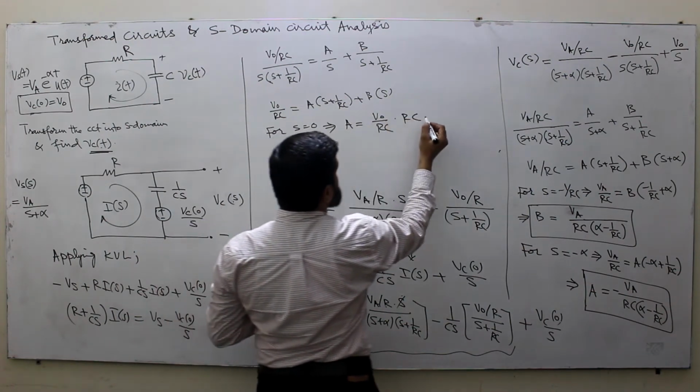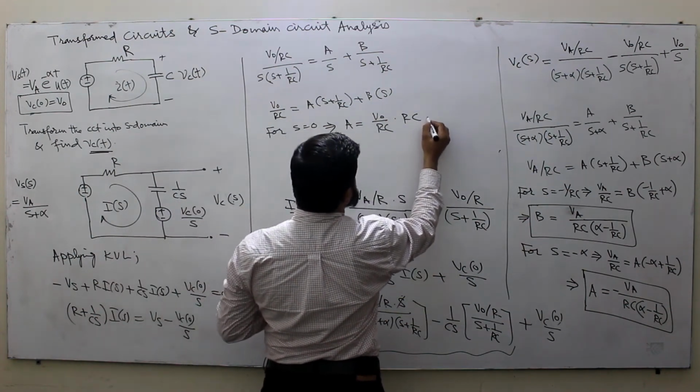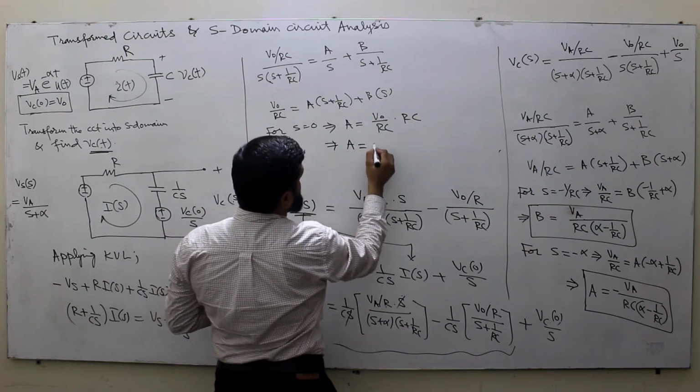So we have got value of A, let's write it here, A is equal to V naught.